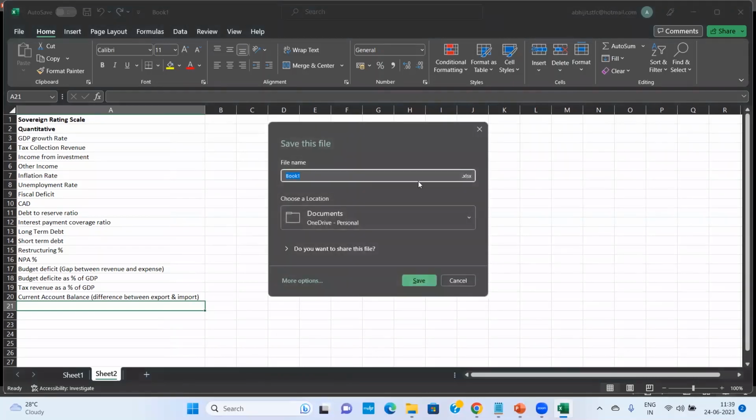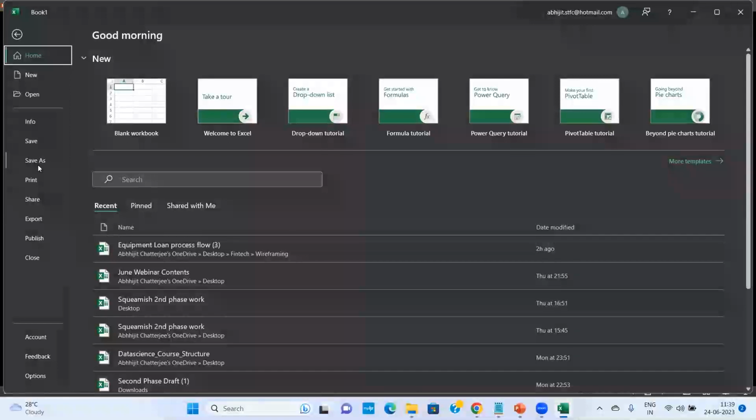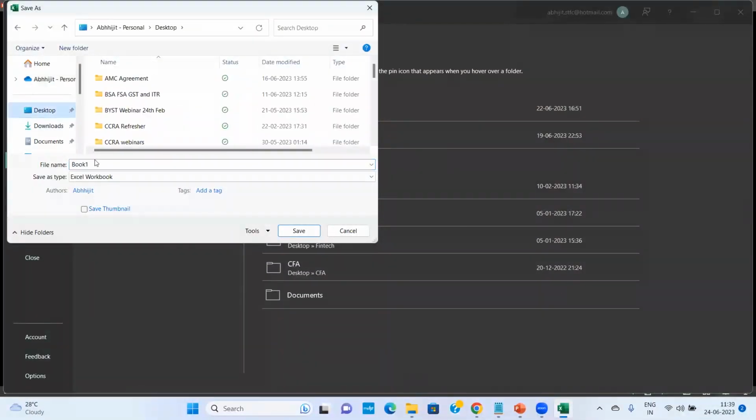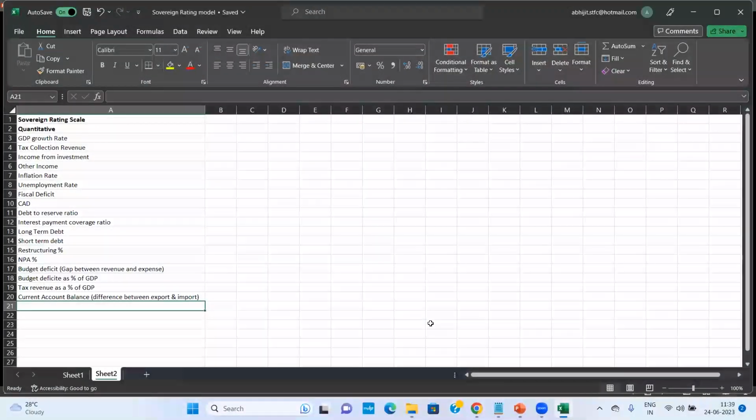So let me save this data. Rating models, right?